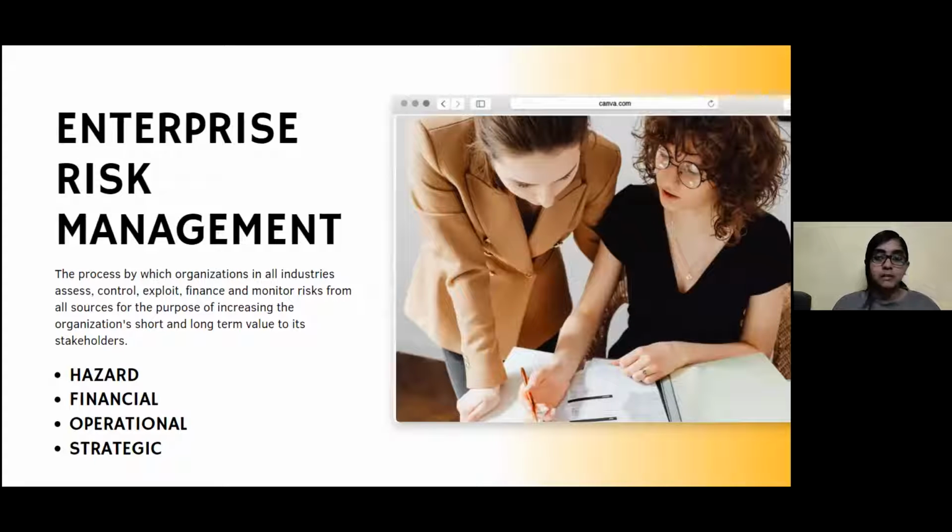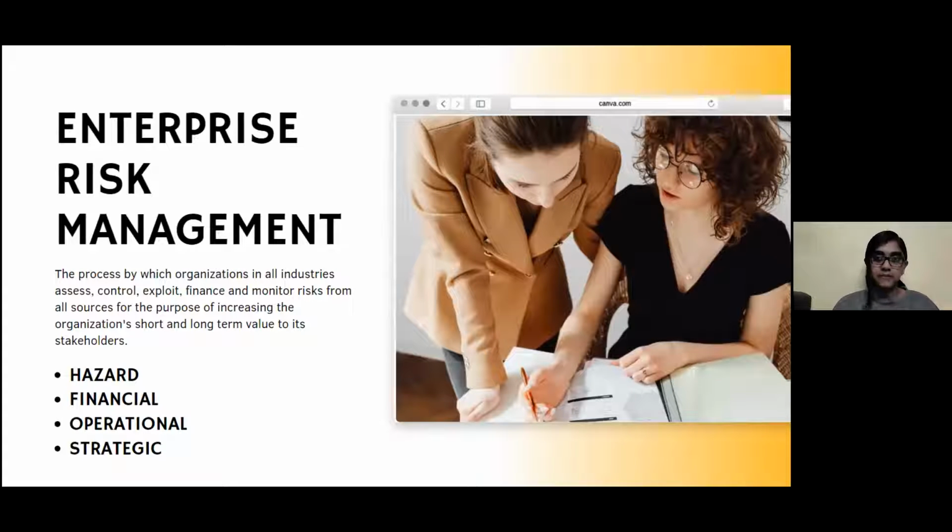So, in simple terms, enterprise risk management in business includes the methods and processes used by organizations to manage risk. Managers identify and prepare for the risk so that they can minimize the effect of risk. So there are mainly 4 components in enterprise risk management.